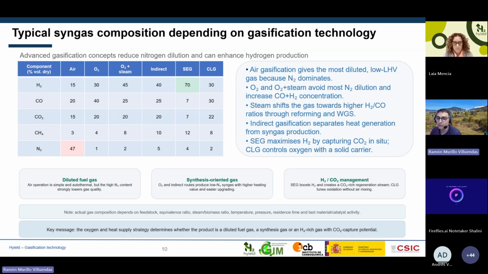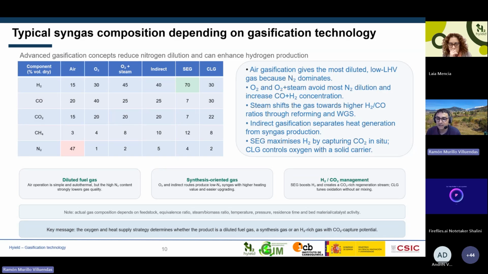Indirect gasification also produces a nitrogen-free or nearly nitrogen-free gas because air is separated from the gasification reactor. In this case, heat is supplied indirectly through circulating hot solids, allowing the production of a higher quality syngas with relatively high methane and hydrogen contents. The most hydrogen-rich gas is obtained with the sorption-enhanced gasification process.